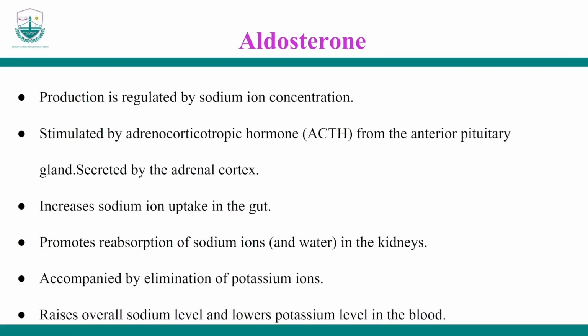And then the second hormone that is also very important to talk about is aldosterone. This one is produced in response to changes in sodium ion concentration. Its secretion is a result of the adrenocorticotrophic hormone being released from the anterior pituitary gland, which stimulates the adrenal cortex to release aldosterone.